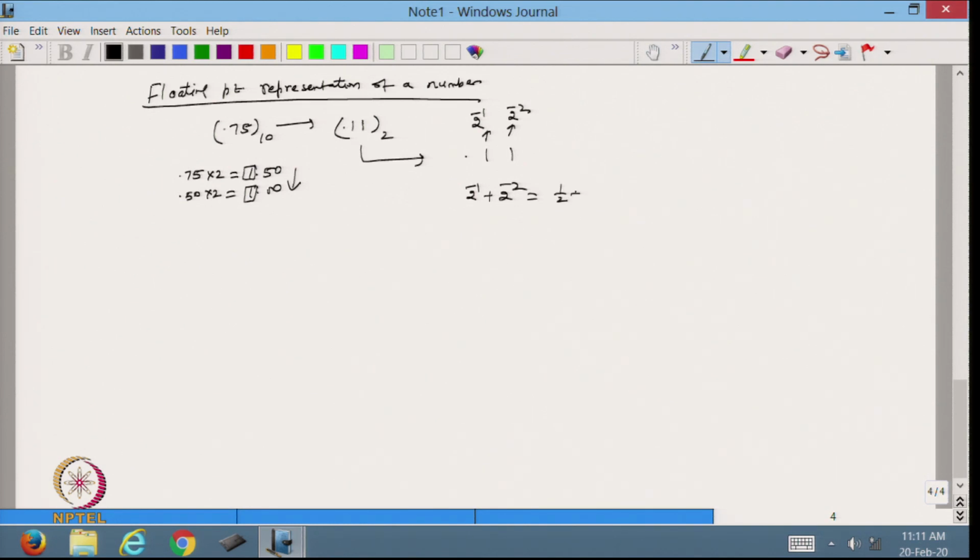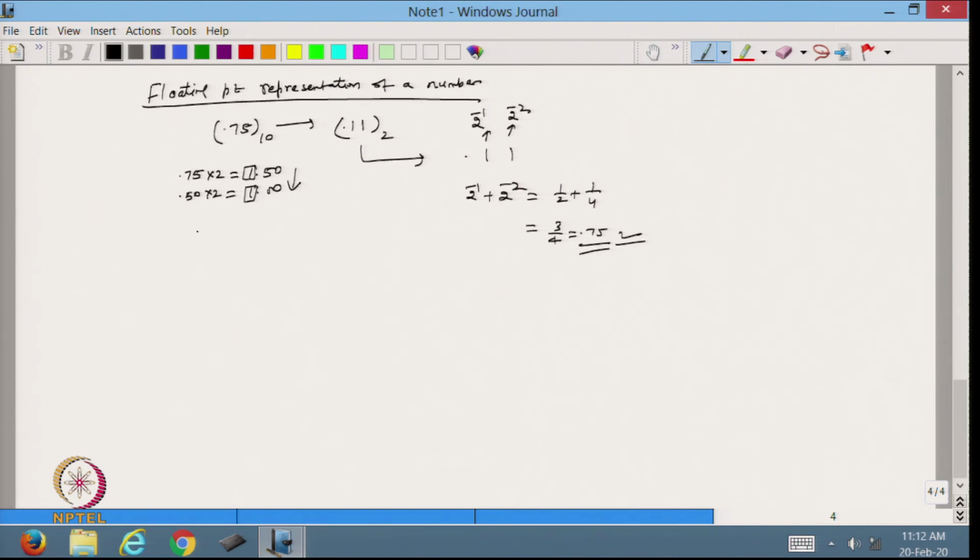So it is 1 by 2 plus 1 by 4, that is 3 by 4, and 3 by 4 is 0.75. So that is verified.